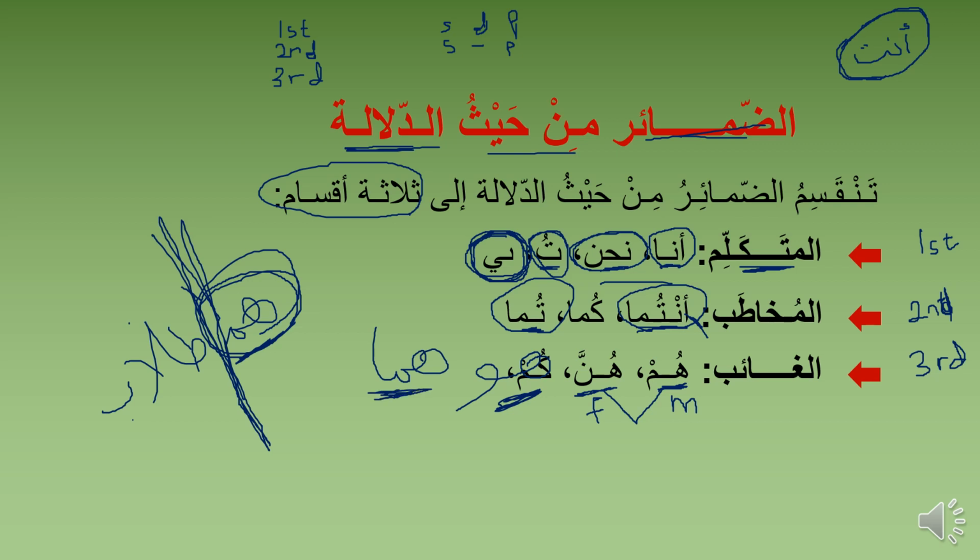So dual that are not present, third person dual. So this is third person singular, and this is third person plural. So that's on this classification.